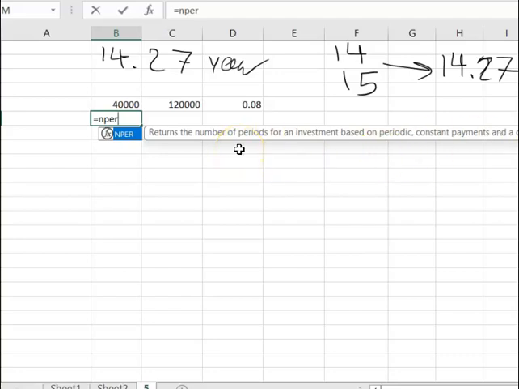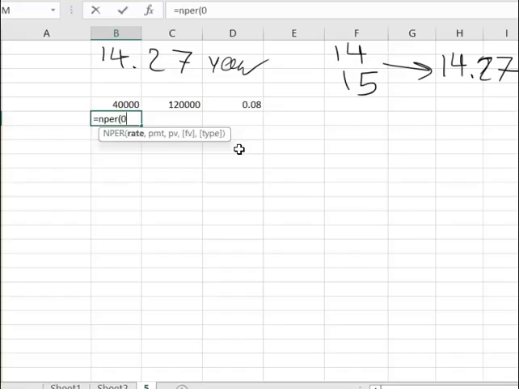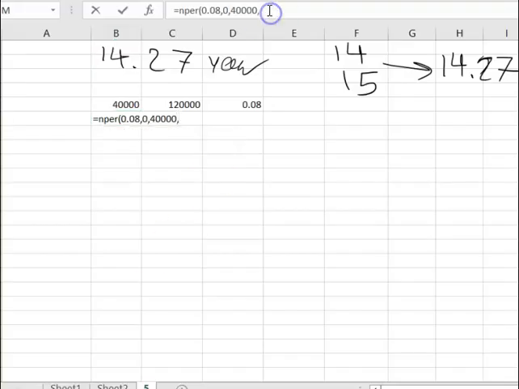So we have all the information. Rate is 8, PMT is 0, and PV $40,000, and FV $120,000.